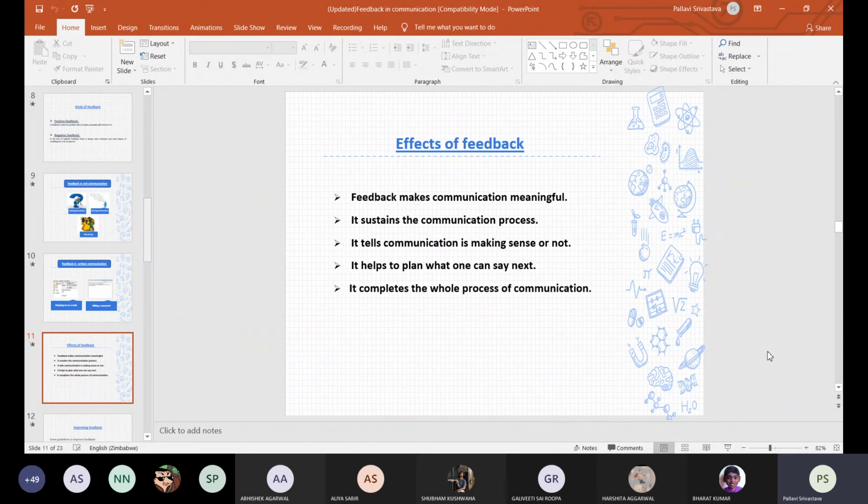So finally, it completes the whole process of communication. We know that if there is noise, if you do not get a reply, it's just like if I tell you that we'll have a lecture tomorrow and I do not get a yes, then it is useless. I just made an announcement. I am not sure whether you people will turn up or not.